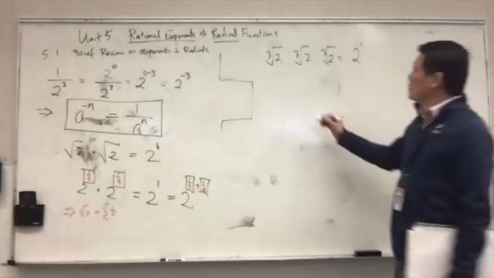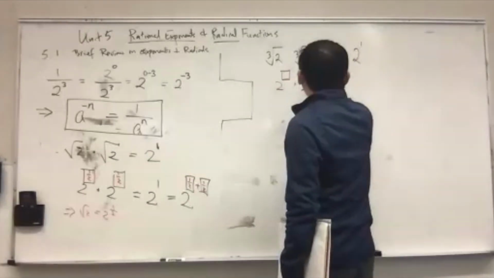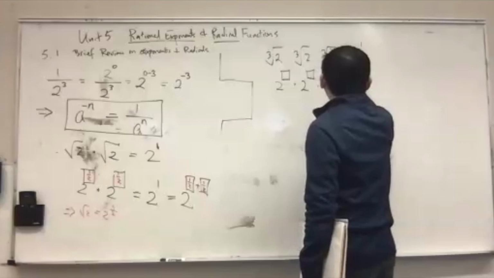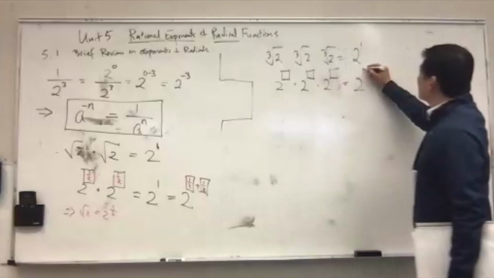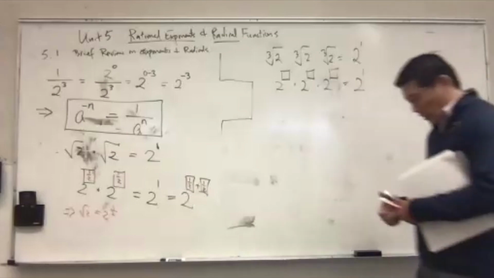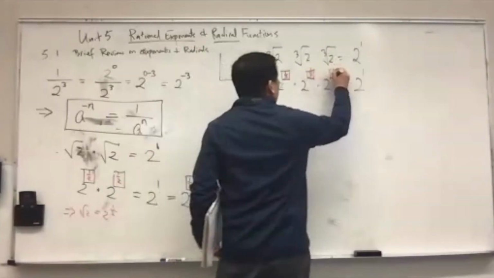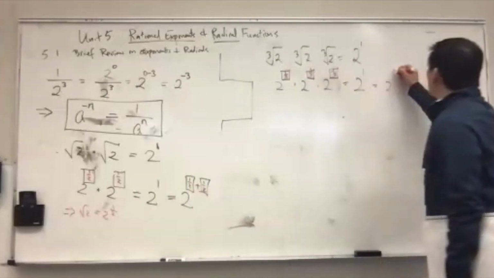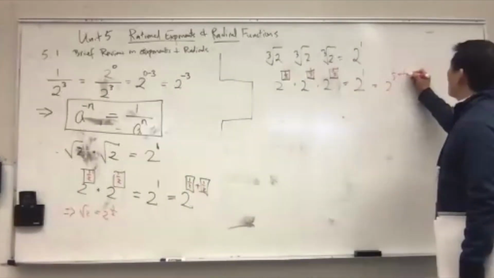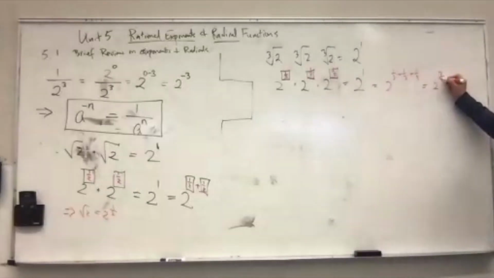Same idea. 2 to the what power times 2 to the what power times 2 to the what power is going to give you 2 to the 1 power. 1/3, that's right. This has to be 1/3, in order to get you 2 to the 1/3 plus 1/3 plus 1/3, right? 2 to the 3/3, which is 2 to the 1 power.